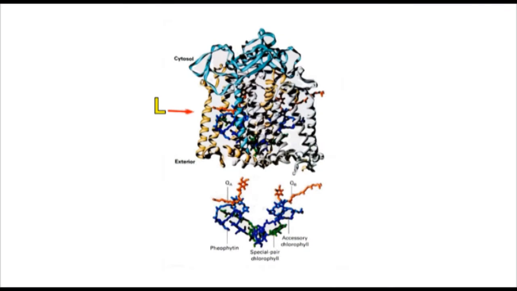The photosynthetic reaction center of purple bacteria has three integral proteins, L, M, and H. The reaction center protein contains a total of 11 transmembrane alpha helices, and to these the prosthetic groups that absorb light and transport electrons during photosynthesis are bound.